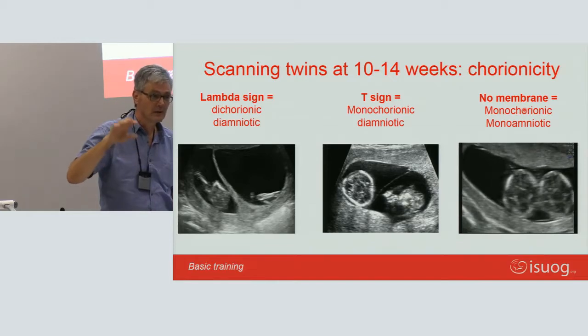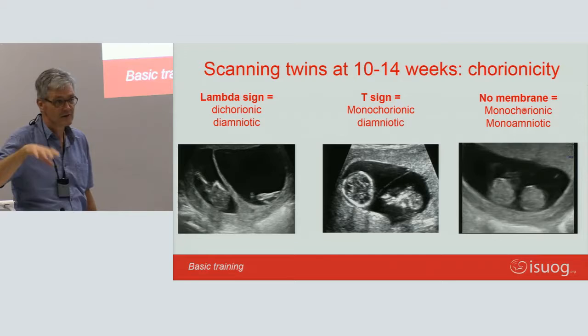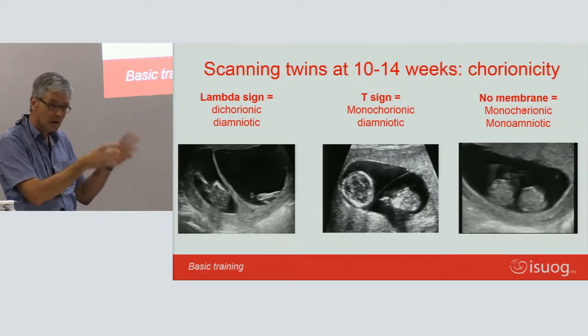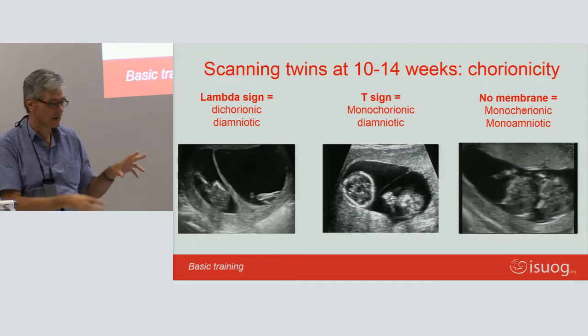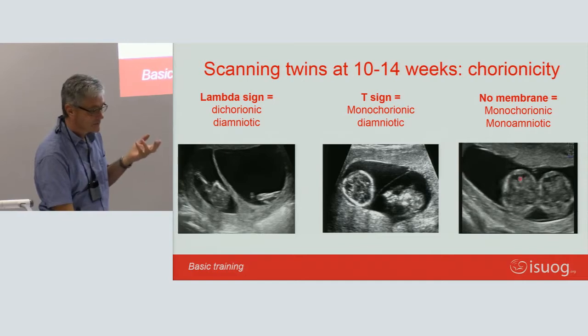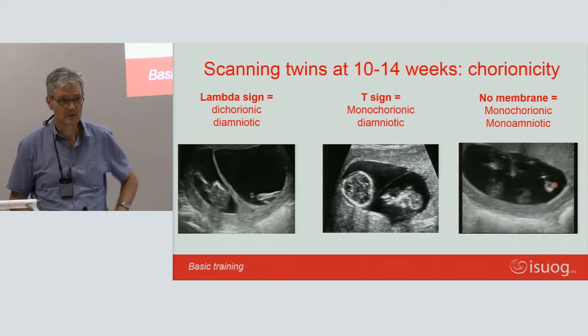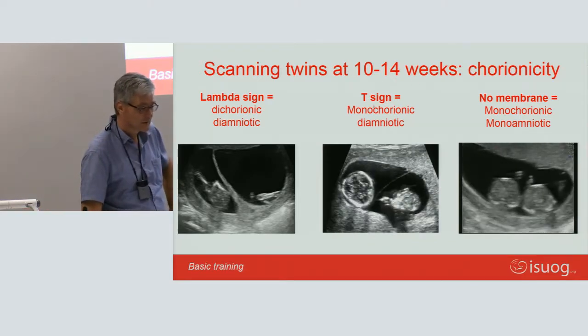Don't immediately tell the patient this is monoamniotic. Just say, I don't see a membrane. I'm going to refer you to someone before your biggest baby is 84 millimeters so that they can have a proper look. Because if it's really monoamniotic twins, then you start thinking of all the complications of monoamniotic twins. So this is really not a diagnosis to be made on your own.